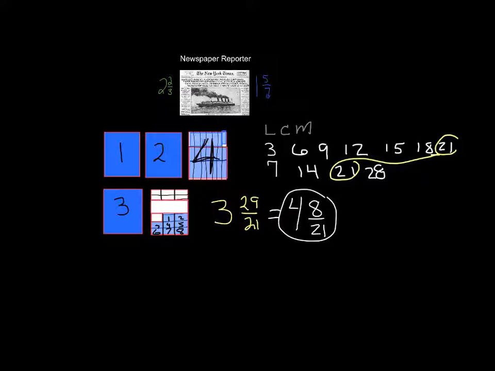And so here we go. So here's the algorithm. I'm going to start with 2 and 2/3, and I'm going to be adding 1 and 5/7. Okay? So now, just like always, I don't have common denominators, so I got to look to my LCM, my least common multiple, and I'm going to multiply this, actually both of these, by the giant 1.